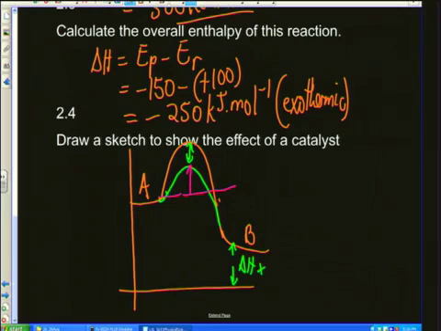So look at how much energy is needed now as opposed to the total amount of energy needed earlier on. So that is your activation energy. It lowers the activation energy. Let me draw it like that, let me show it nicely here. All right, so I have it like that.